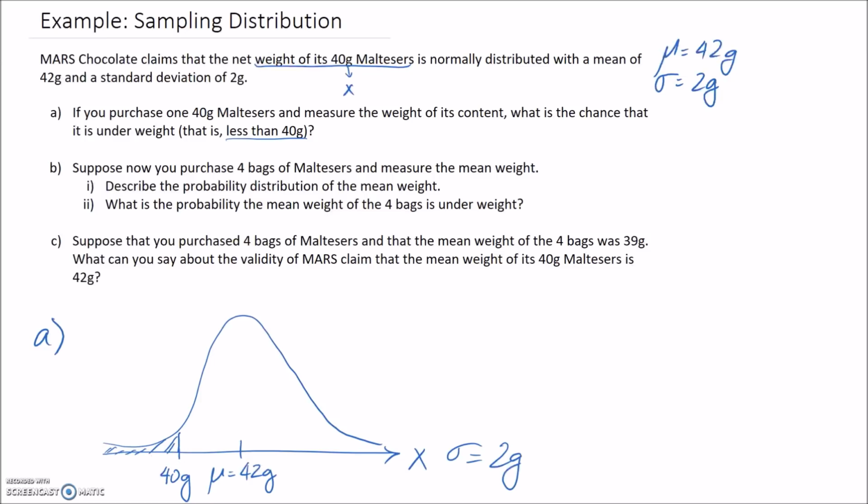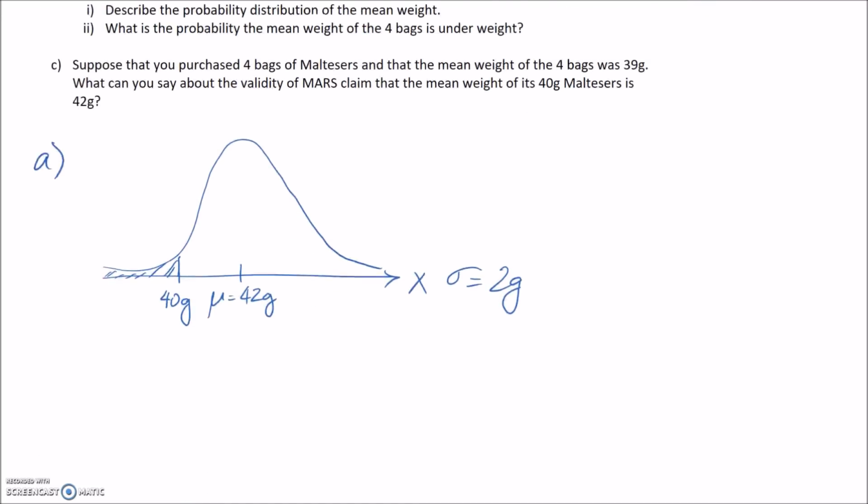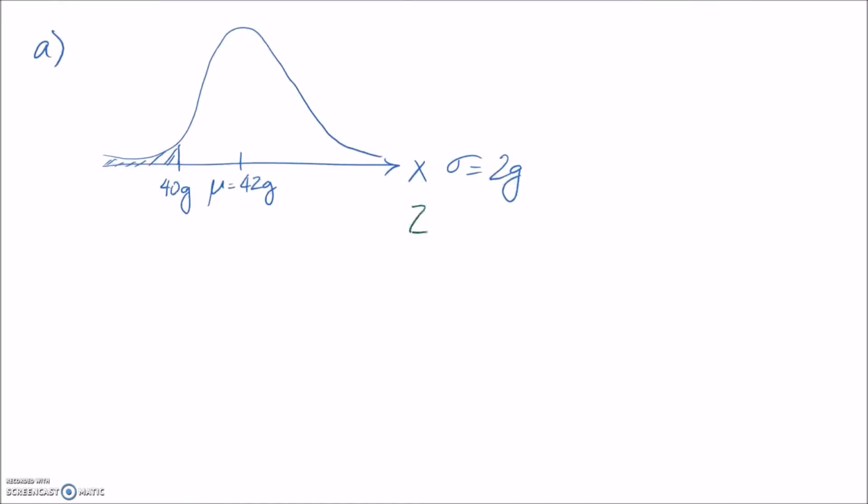So if we're going to do this manually, we know that we need to use our z-scores in order to look up those tables. So we need to convert from X, our weights, into Z instead. So we have our equation for doing that conversion. It's Z is equal to X minus mu divided by sigma, and you can go and look at the previous videos if you want a bit more practice at doing that conversion.